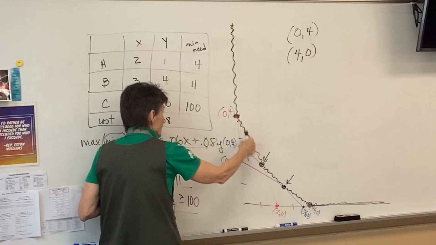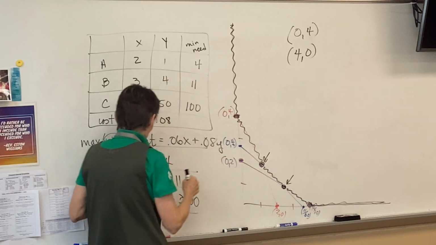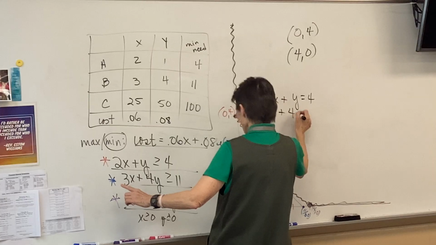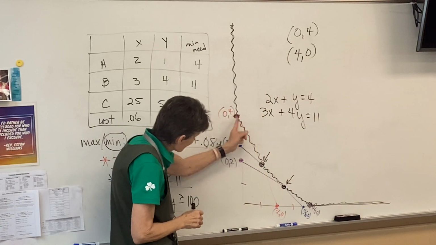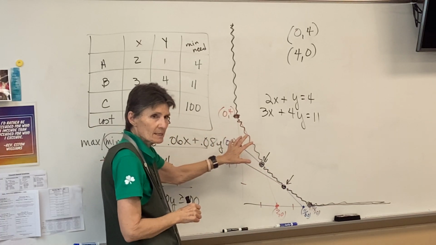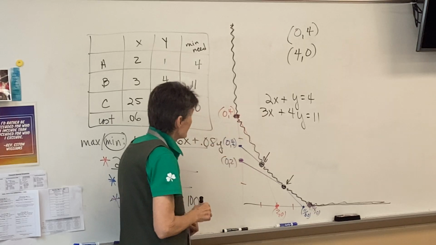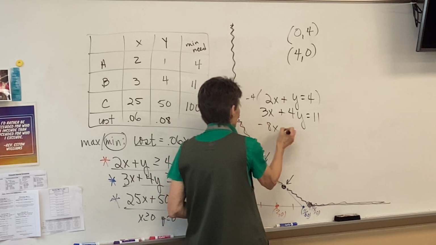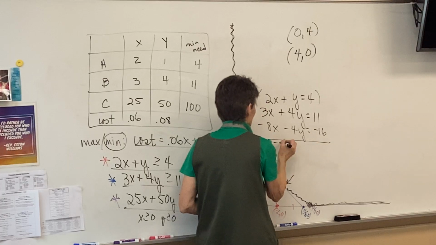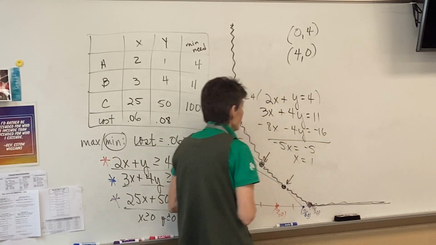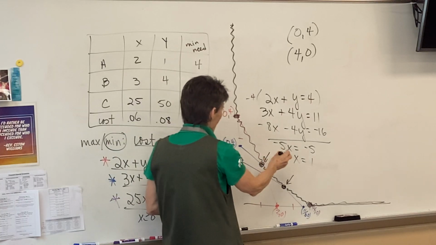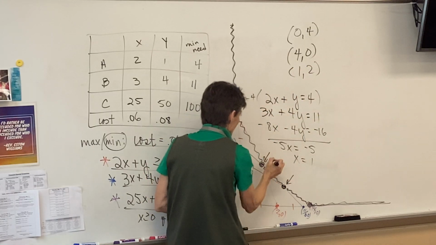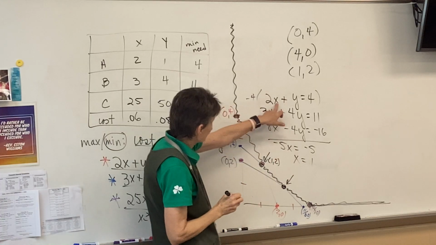So this guy is red and those two. So this is the point 1, 2. Put 1 back in for x.